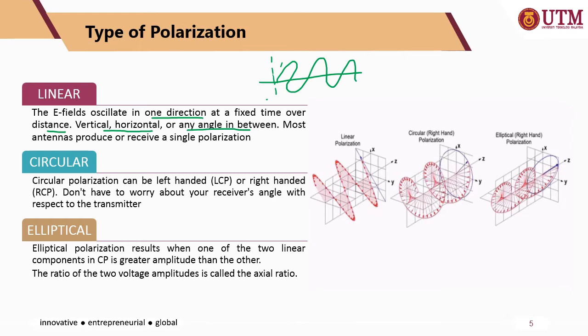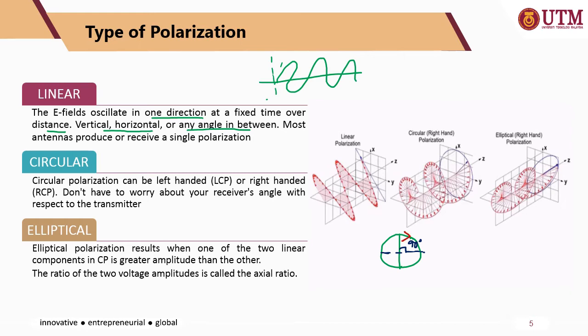Alright, so for circular polarization, it has two components, vertical and horizontal, which are orthogonal to each other. Okay, that is a 90-degree separation between them, and it can be categorized as left-handed or right-handed.